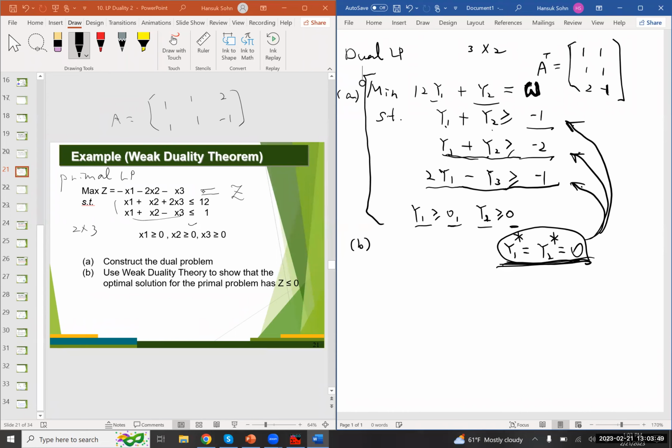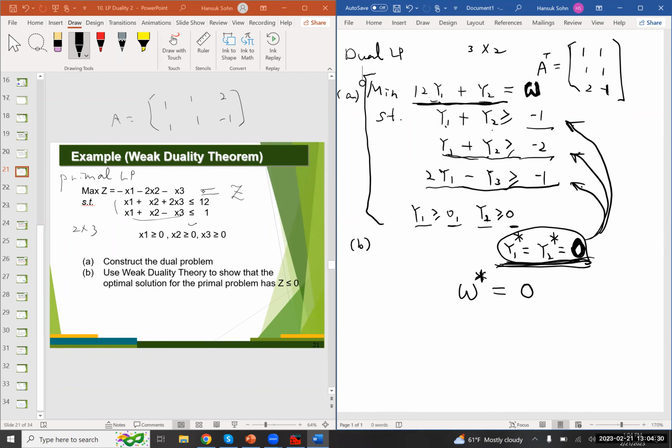I'm going to put the asterisk symbol indicating these are the optimal solution values. So with y1 and y2 equal to 0, the optimal dual objective function value also becomes 0, right? 12 times 0 plus 0 becomes 0. So obviously, our dual optimal objective function value is going to be 0.